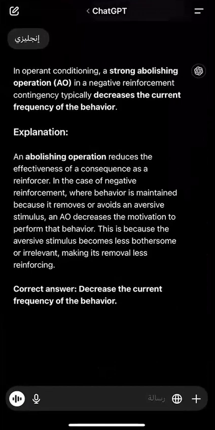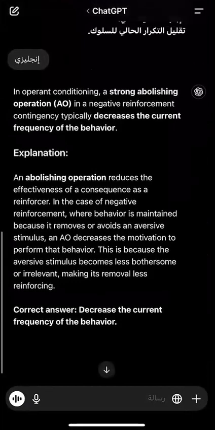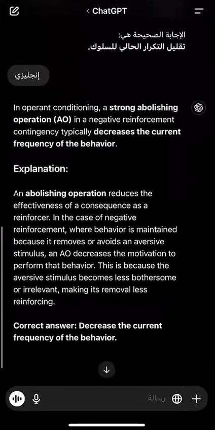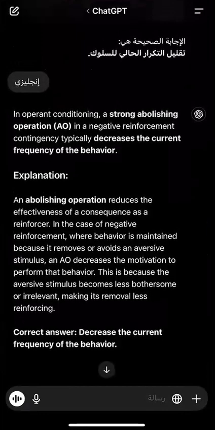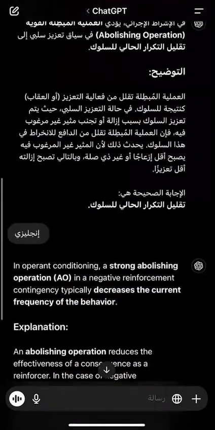Decrease. Okay. Got it. In operant conditioning. Take a screenshot until I read it in Arabic. Okay, I took the picture. You can read in Arabic now.